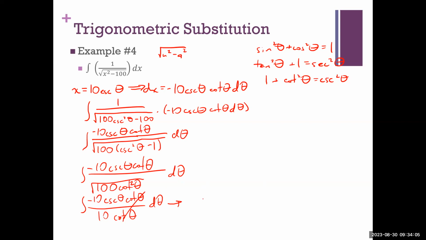So now we have also tens. So the negative integral of, is it really just cosecant? Okay. Not an integral I know off the top of my head. You can, but I don't. So what does it become in terms of sines and cosines?